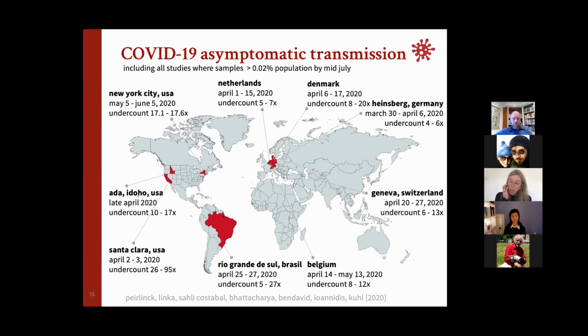Those are numbers, of course, during the early pandemic. So I would think now these numbers go down because we test a lot more, so we identify asymptomatic cases. For instance, most campuses test every student every week, as you know. And so there, I would expect these numbers to be on the order of 1 or maybe 1.5. Yeah, good question, actually.